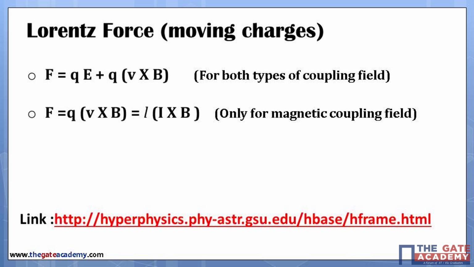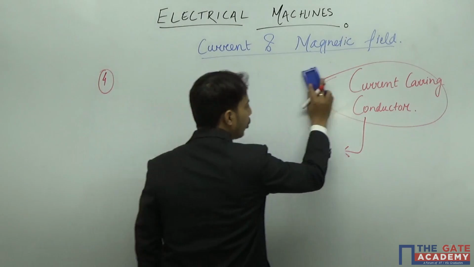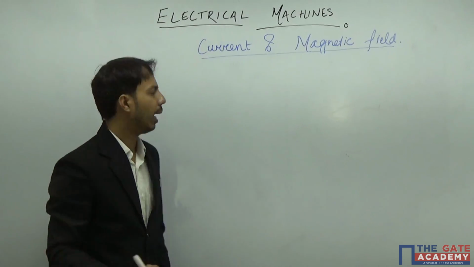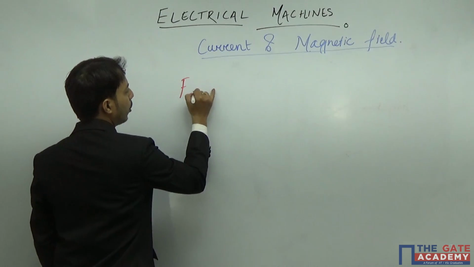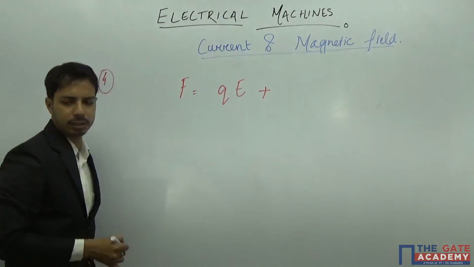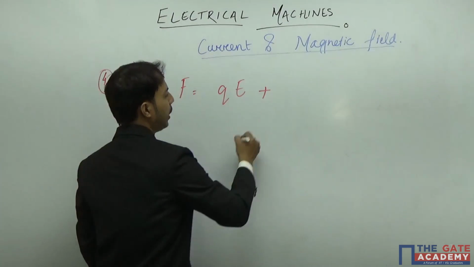Now, the expression for the Lorentz force we know is F is equal to qE plus qv cross B.